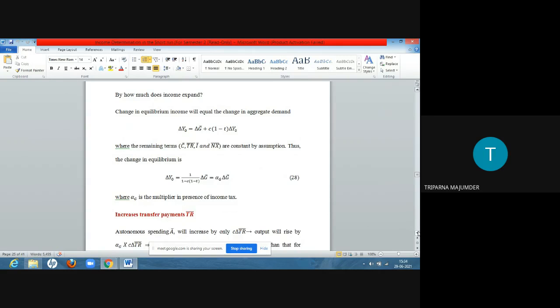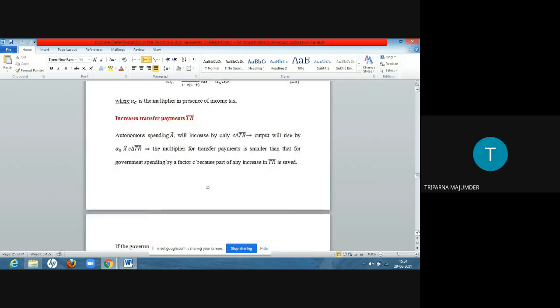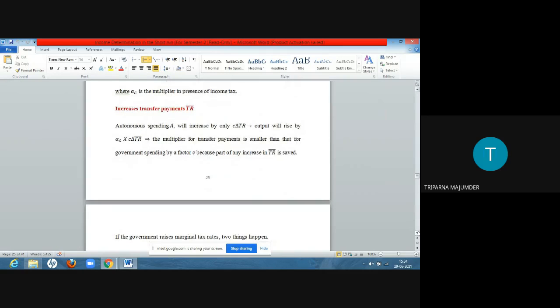Now we come to the increase in transfer payments. Autonomous spending A bar will increase by only C into delta TR bar, which will lead to an increase in output by alpha G into C into delta TR bar.